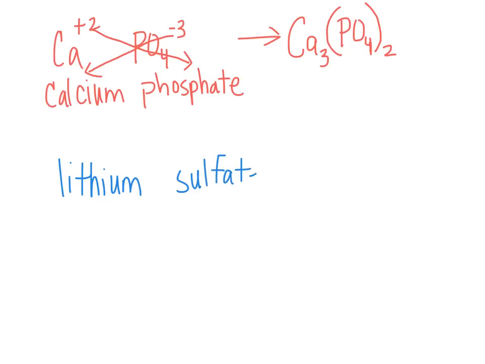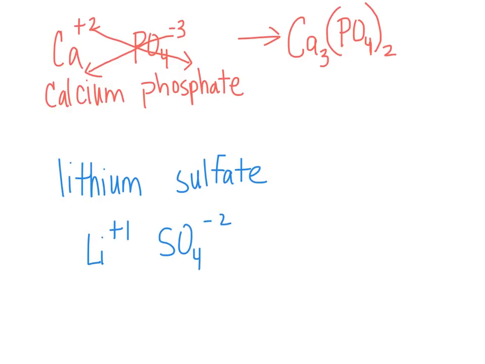You need to find these on your periodic table and also on the common ion sheet. Lithium, the symbol is Li, and the charge for lithium is +1. Sulfate is SO4, and that has a charge of -2.